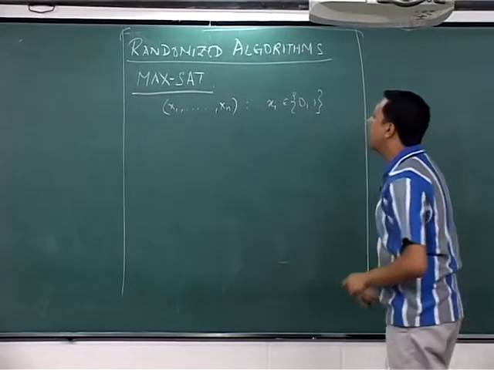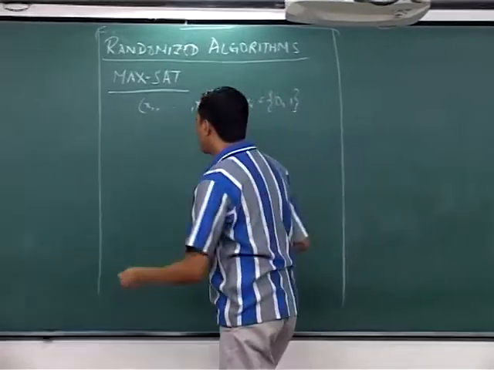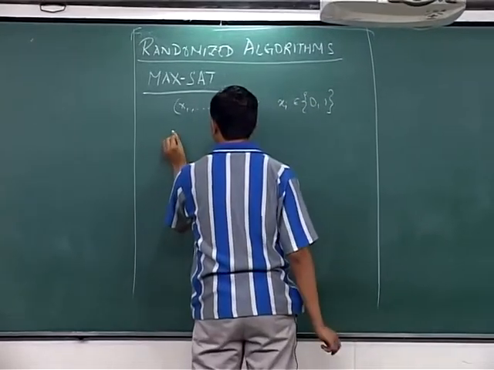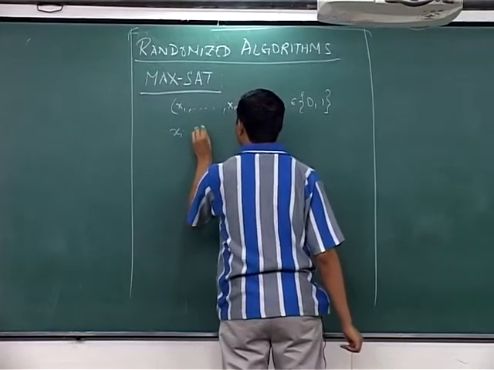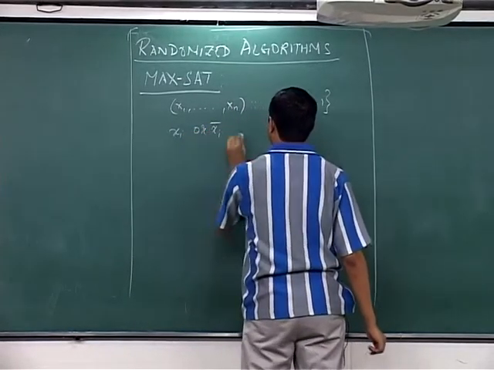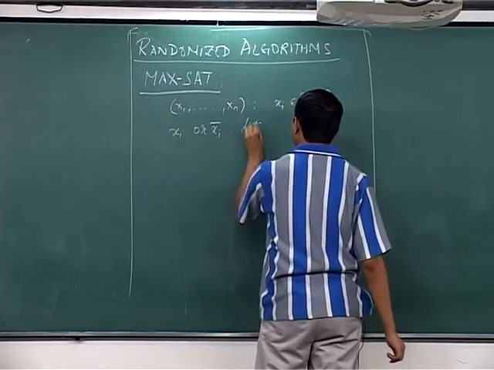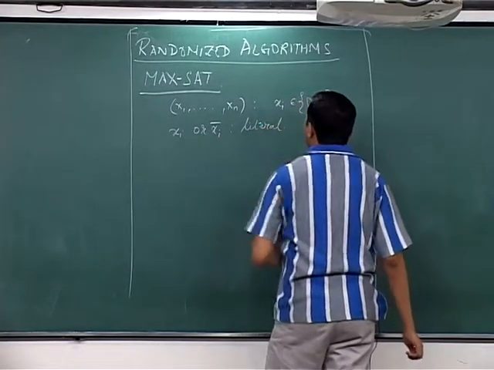And you have what are called literals. These literals can be like xi or xi bar.